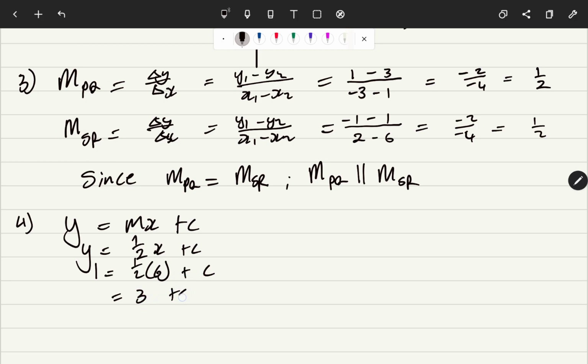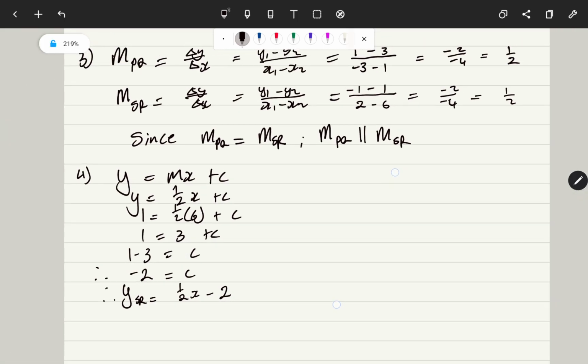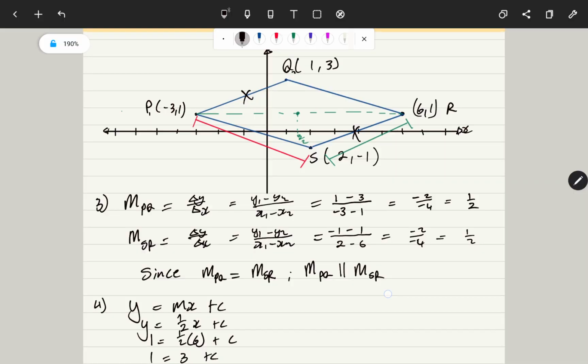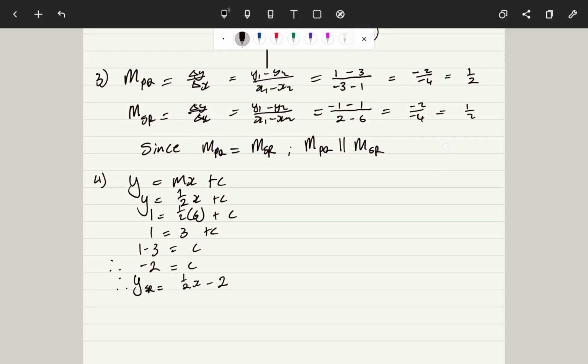Then I have 3 plus c equals 1, implying that c is minus 2. Therefore the equation for SR is y equals 1 over 2 x minus 2. That should be fine.